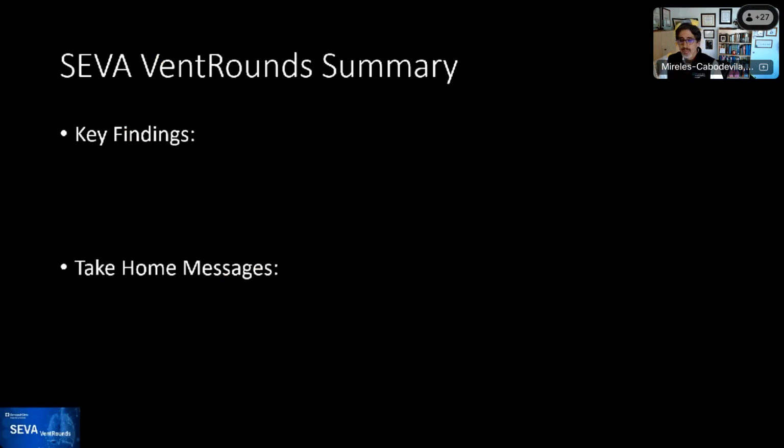So I would just highlight the key findings right now. One, we reviewed the different manifestations of early trigger, which in this case, the cause of the early trigger was reverse trigger. We also talked very nicely about how to treat this, and we talked that the thing that drives us in goal-directed ventilator management is the goal.